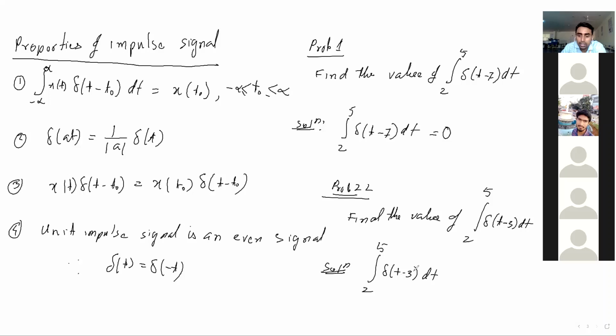Here you can see that t naught lies between the limits 2 and 5, so it gives a value. But what is the value? You should know. The value will be 1.